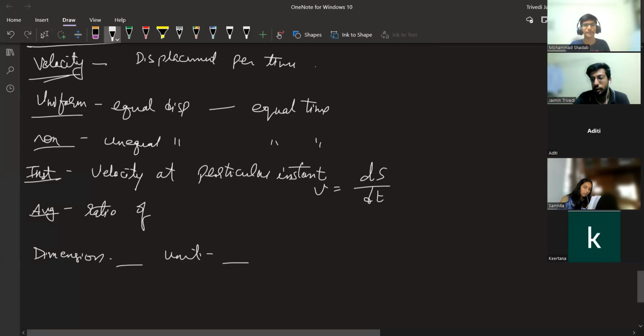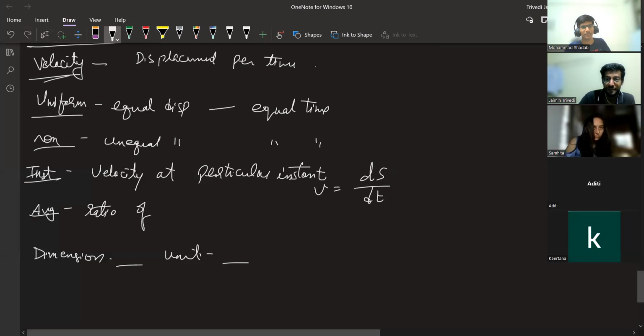Samhita? Yes. Kirtana? What about these both? Dimension of this one?